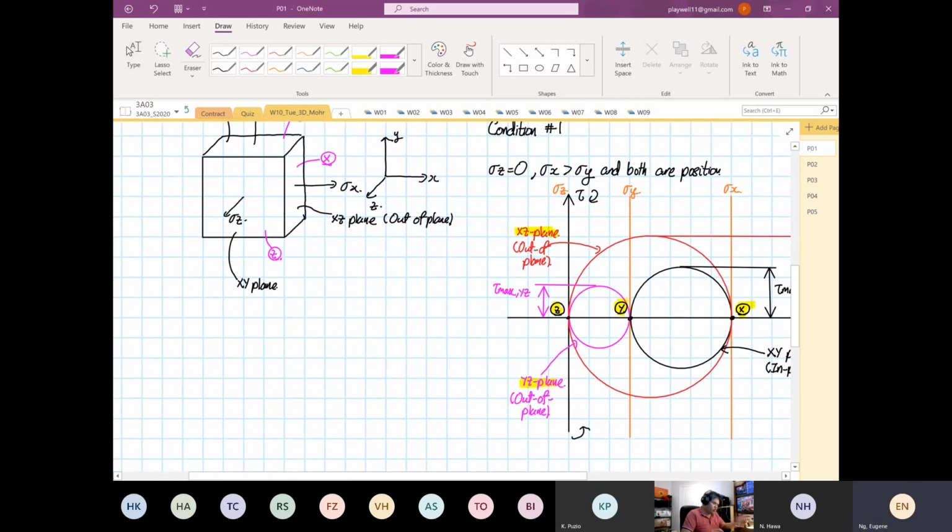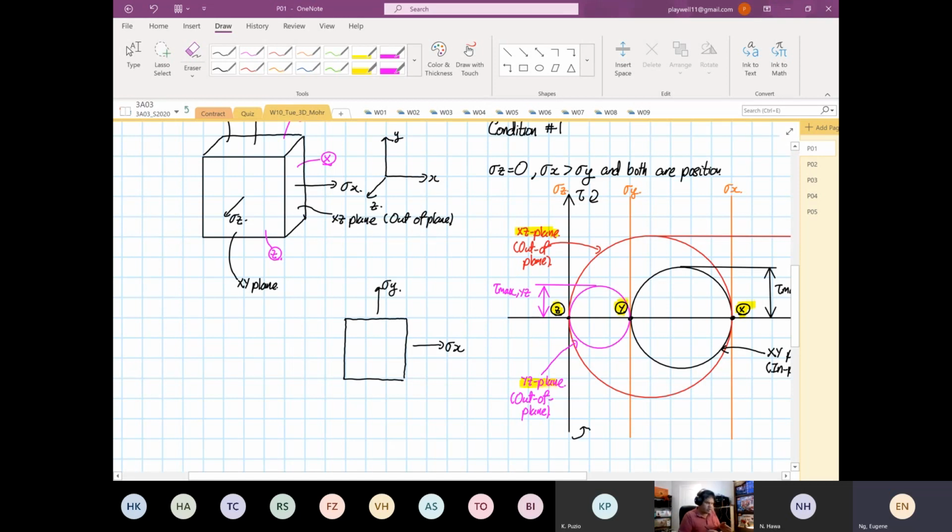Whenever we deal with 2D Mohr circle, let's say we did not do 3D Mohr circle, we just look at 2D Mohr circle. So you just draw this, we ignore the 3D plane, right? So this is our stress x, this is our stress y, right?